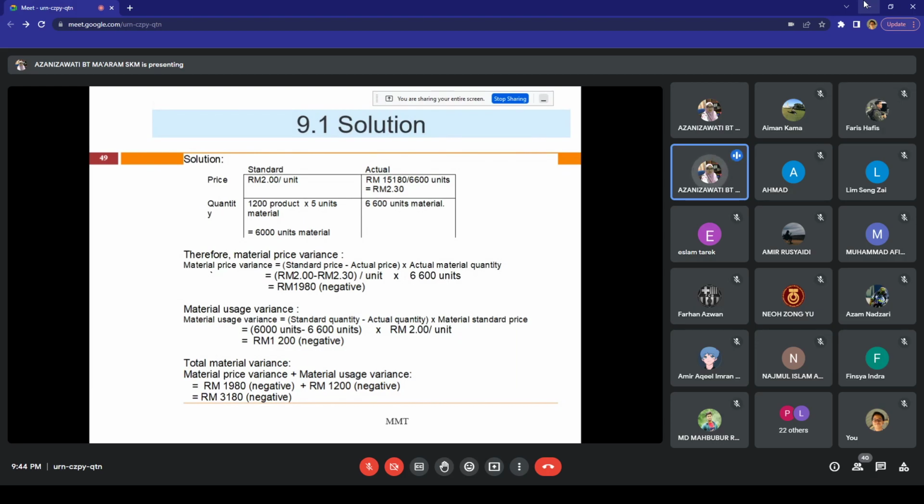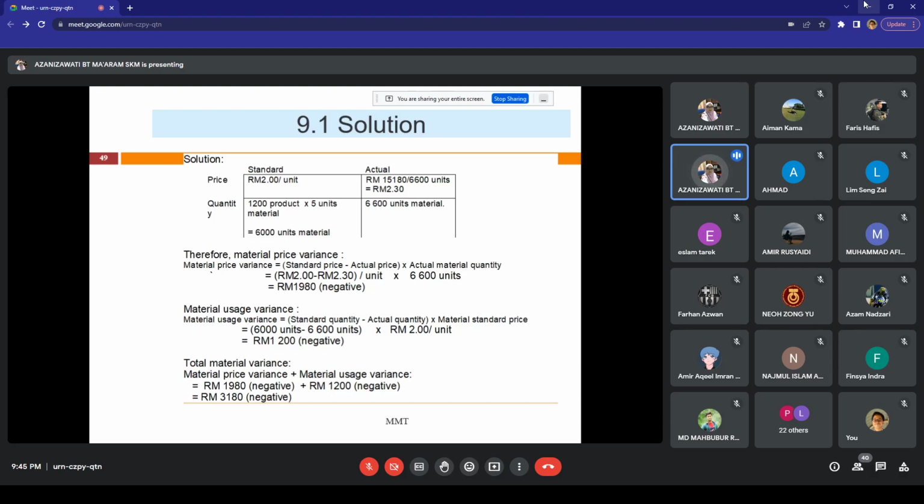So you have the standard price of 2 ringgit, and for the actual price, you just divide the total price that they bought, 15,180, by 6,600 units, so you get an actual price of 2 ringgit 30. The standard quantity is 1,200 products multiplied by 5 material units, so you get 6,000 units of material, and the actual is 6,600.